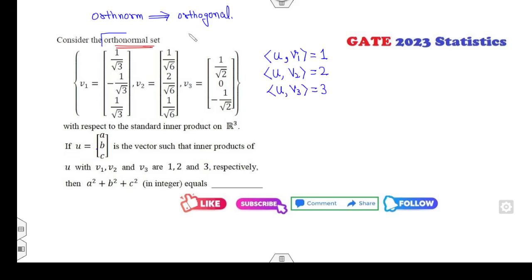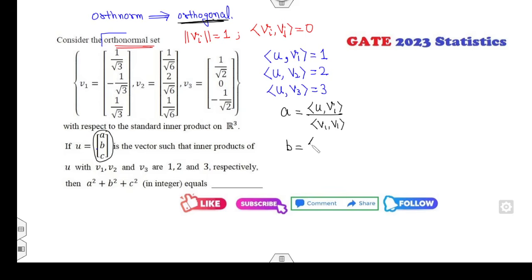They are orthonormal, that means the norm of each vi is 1 and vi dot vj is 0. Fine. Now since the vectors are orthogonal, how can you find the coefficients a, b, c? A is nothing but u comma v1 divided by v1, v1.